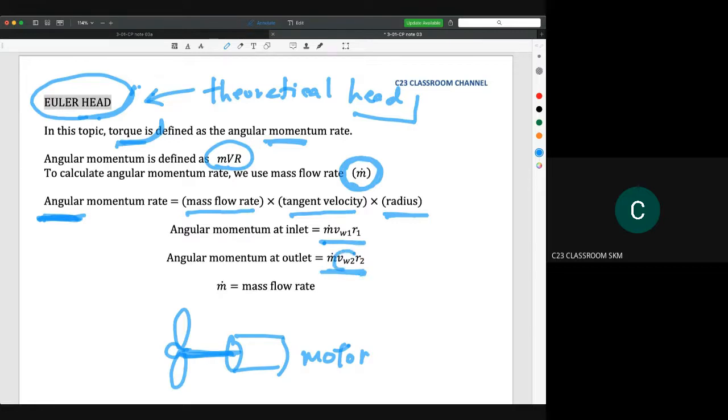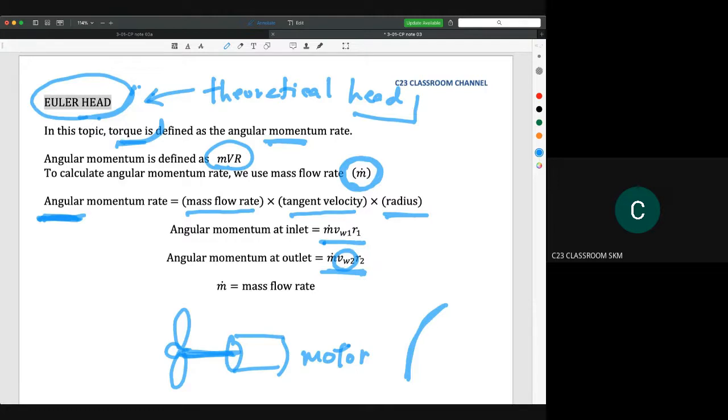Why do we take the value of v2? For example, we have a blade here. As I said, the Euler head is calculated to find the theoretical head. If we talk about theoretical, we need to use the idea of theoretical flow, because the theoretical head means we need to calculate the head without any disturbance, without any resistance.